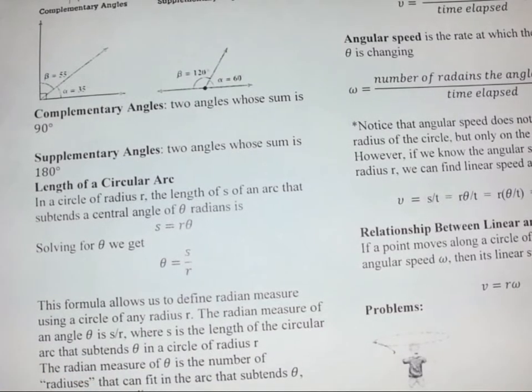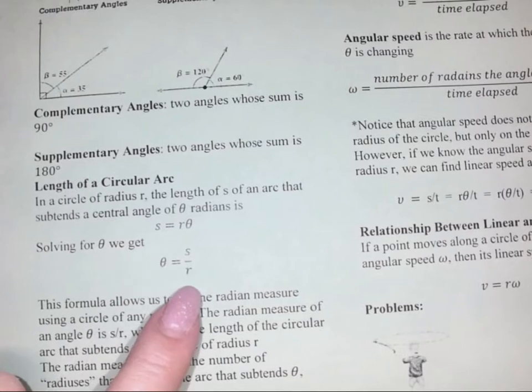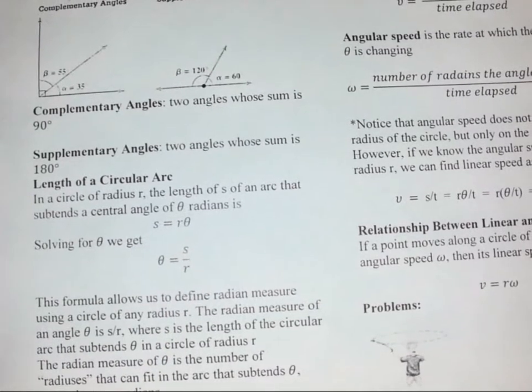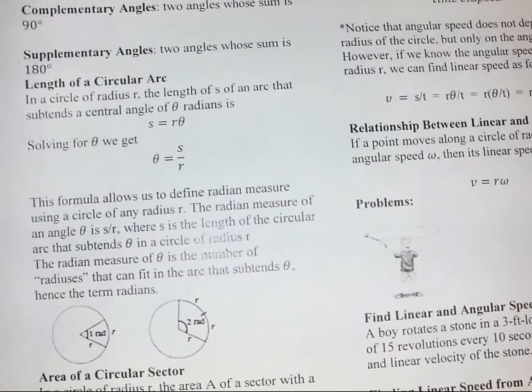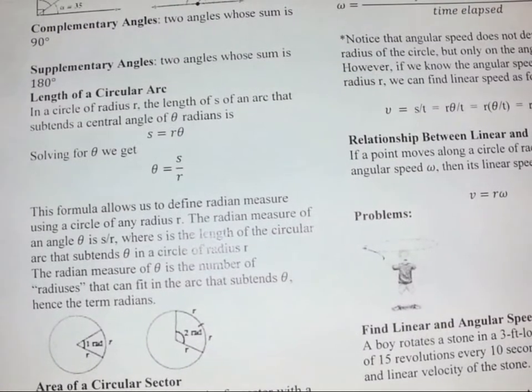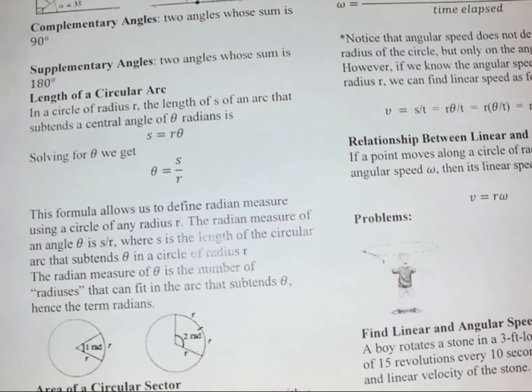Solving for theta, we get theta is equal to S over r. So all we did was divide by r on both sides. This formula allows us to define radian measure using a circle of any radius r. The radian measure of an angle theta is S divided by r, where S is the length of the circular arc that subtends or is opposite of theta in a circle of radius r.